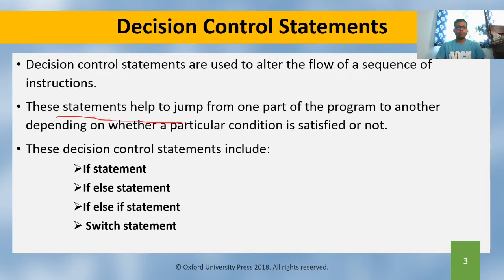This statement helps to jump from one part of the program to another depending on whether a particular condition is satisfied or not. So the decision control statements include the if statement, if else statement, else if statement, and case.